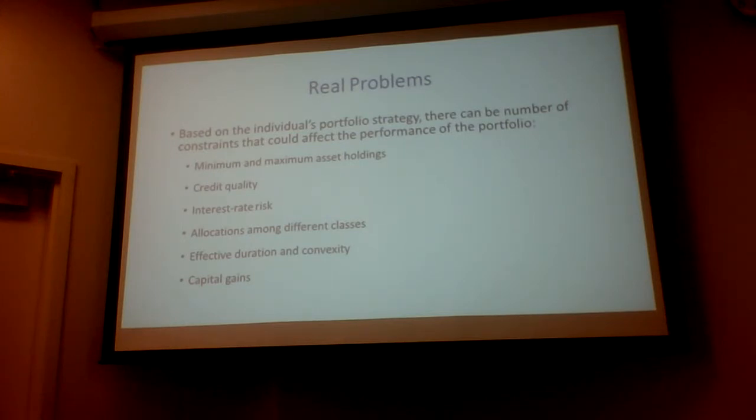The interest rate risk also bears some adverse effects. Another is allocations among different classes, because portfolio managers are always looking for ways to diversify the risk, and they allocate their holdings into different classes like securities, derivatives, and bonds. And the last ones are effective duration, convexity, and capital gains.